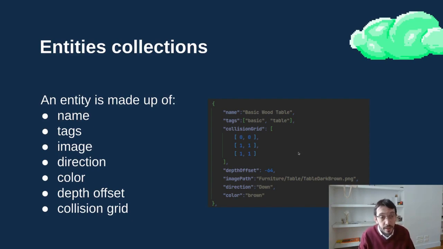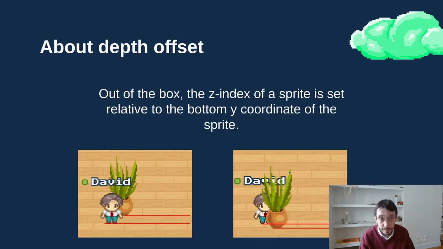Finally, we have a depth offset that I'm going to talk about more extensively now. The depth offset is used to know what goes on top of what. By default, we decided that the Z index of a sprite, so the depth of a sprite, would be directly linked to the bottom Y coordinate of the sprite. So have a look here.